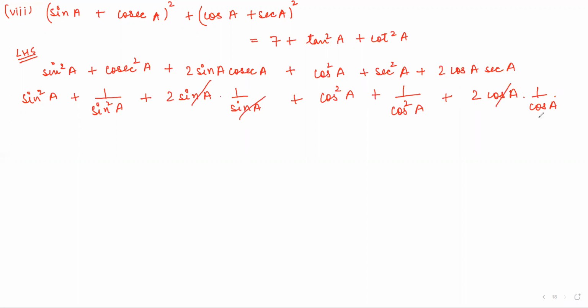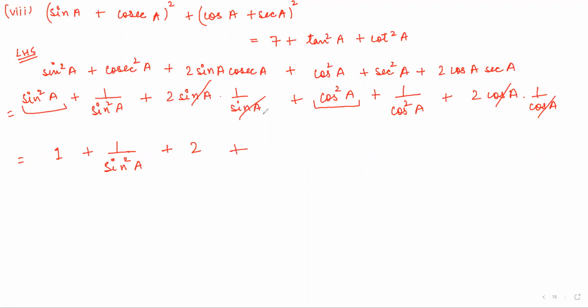Now this sin A cancels out. Similarly, this cos A cancels out, right? And this sin square A plus cos square A becomes how much? 1. So I'm left with 1 and plus 1 upon sin square A, and then plus here I have 2, right?